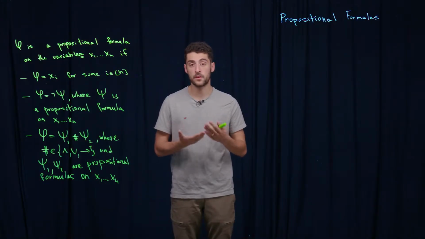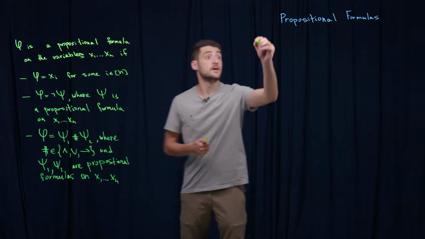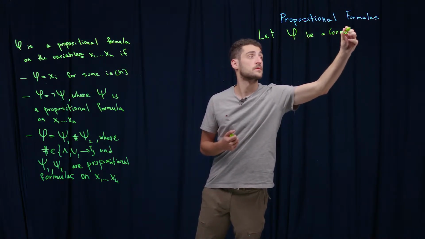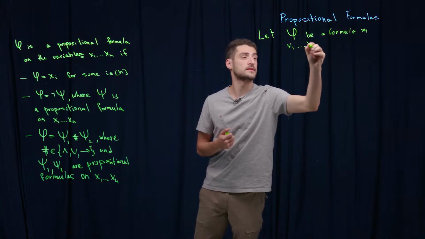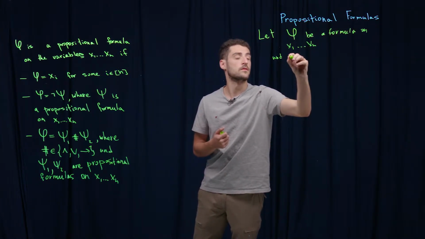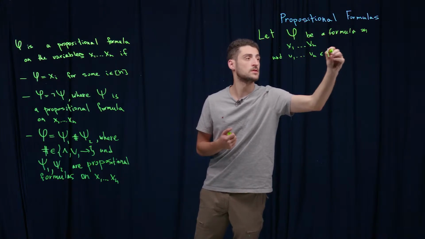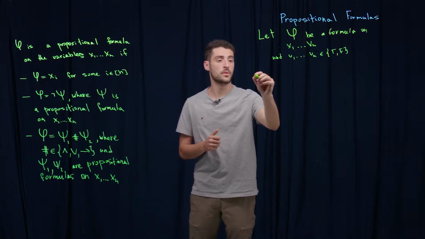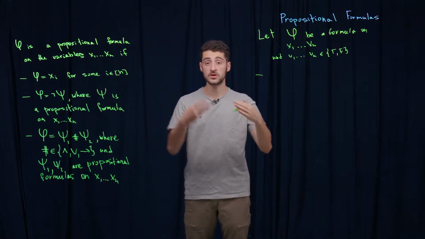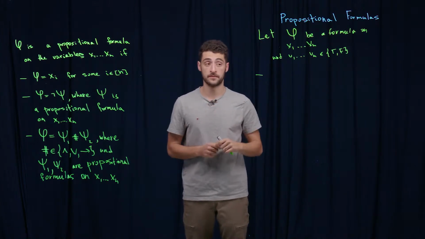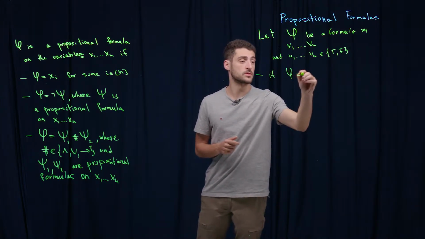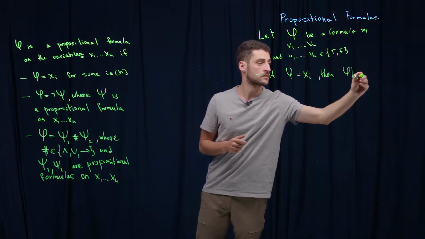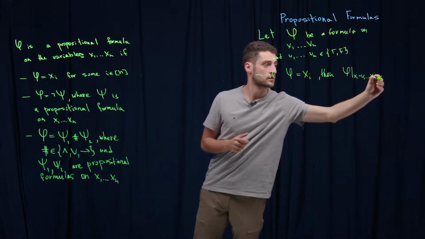If we have a formula, it should be a way to compute the value of this formula. So let phi be a formula on x1 to xn and v1 to vn be some true or false values for x1 to xn. So we are going to consider three cases like this, and in each case we are going to define the value of phi. So if phi is equal to xi, then the value of phi is equal to vi.